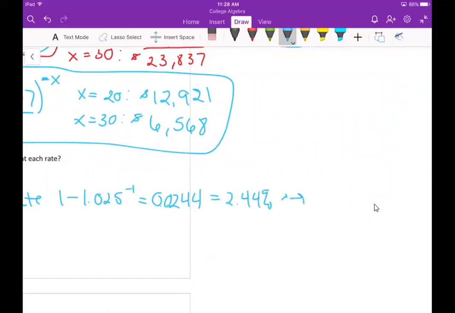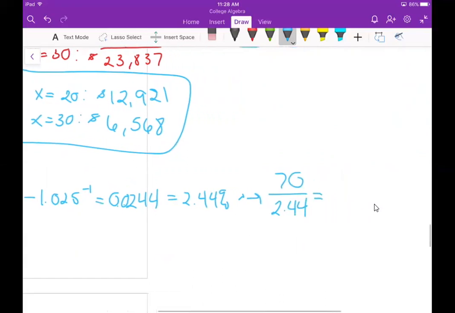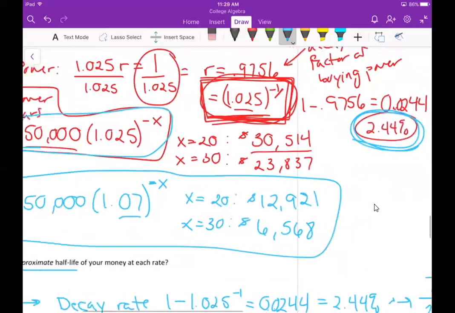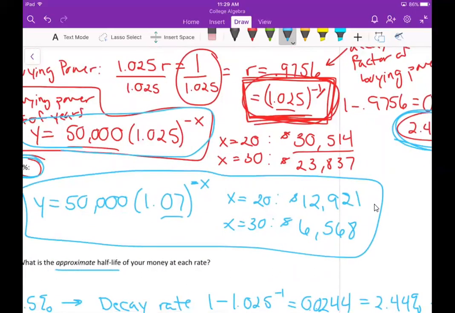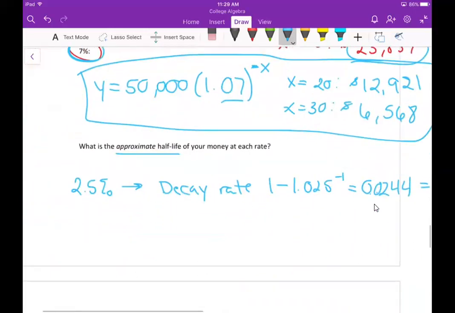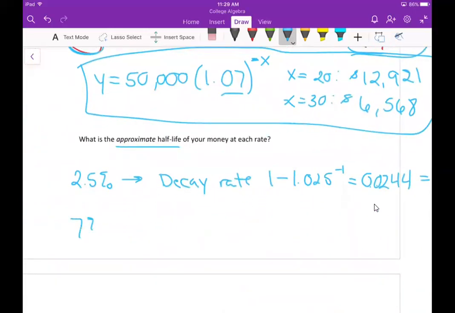So our rule of 70 says take 70 divided by that percentage, and our half-life at an inflation rate of 2.5% would be 29 years. After 29 years, we'd have about half of our money, which is exactly what we see up here, right? Remember, we looked at 20 and 30. We started with $50,000. After 30 years, we had around half of our money left, which would be $25,000. So we can see that estimate working out there.